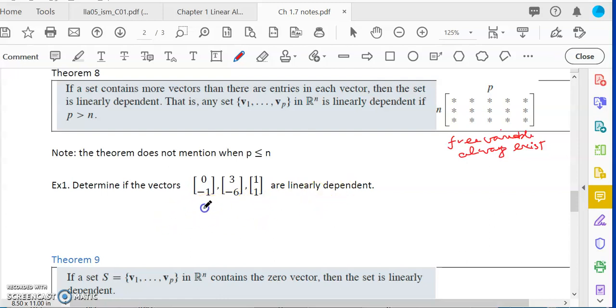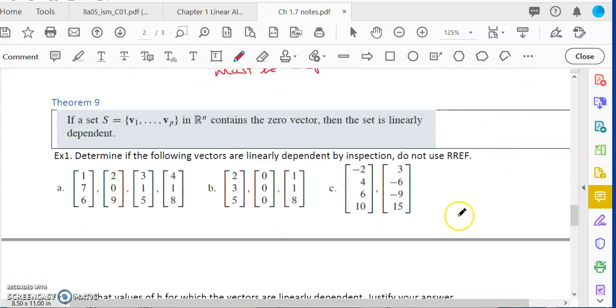Why? Because I have 3 vectors and that's greater than 2 rows, so they must be dependent. Then you might ask, Ms. Chen, what if they are multiples of each other, or the same as each other? If they're the same, you don't take them away. They are still vectors, so you can still write a relationship between them.